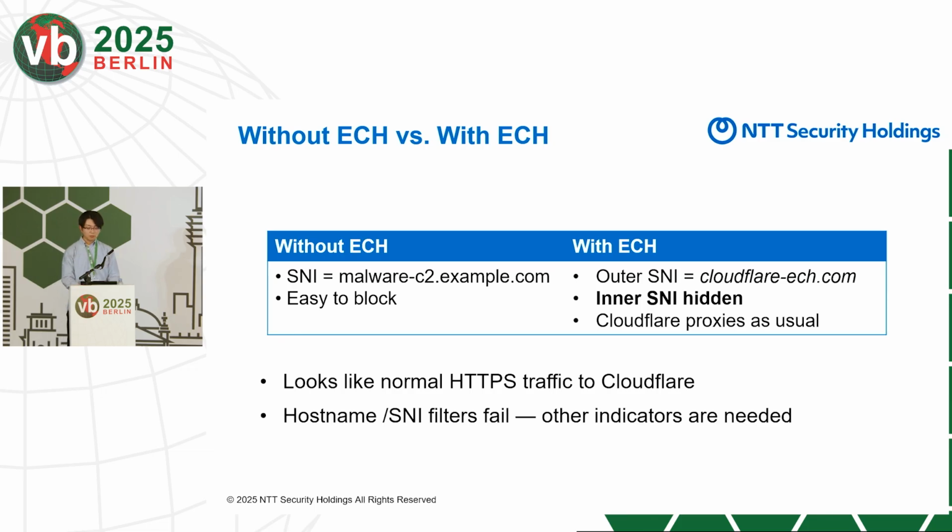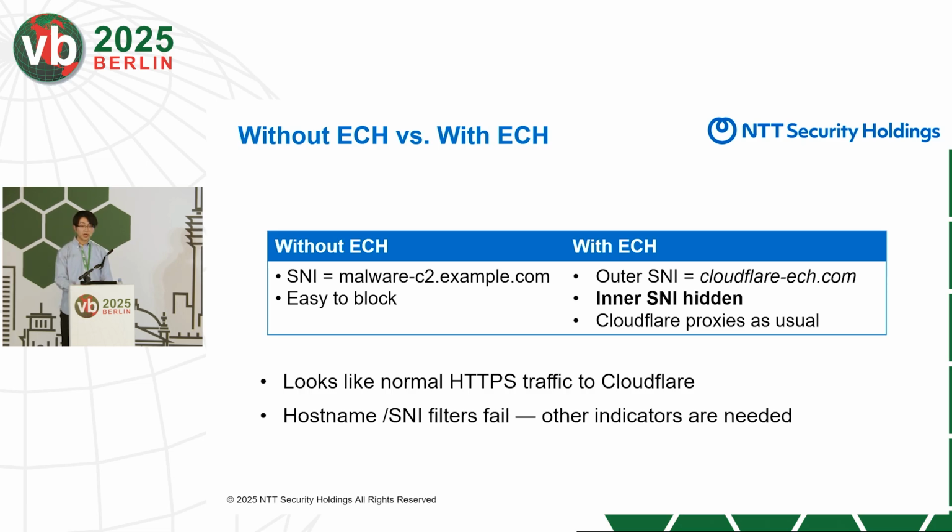It's getting a bit complex, so let's compare the C2 connection with and without ECH. Without ECH, the client sends a normal TLS handshake. The SNI shows the attacker's real domain, so anyone on the path can read the name and block it. With ECH, the client encrypts the real client hello and wraps it in an outer one.